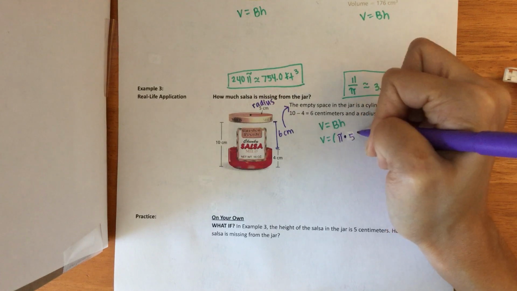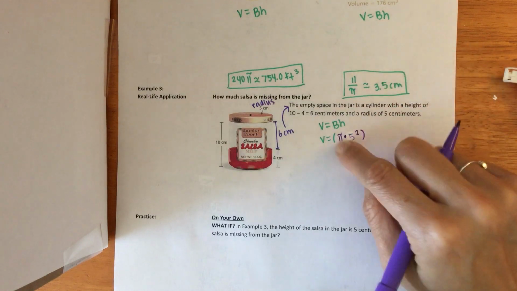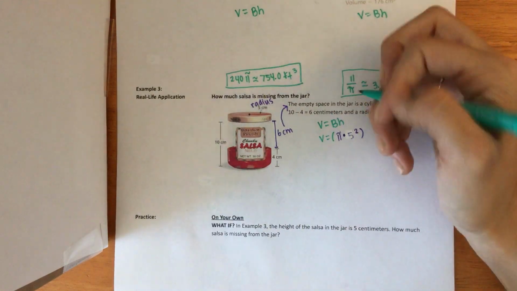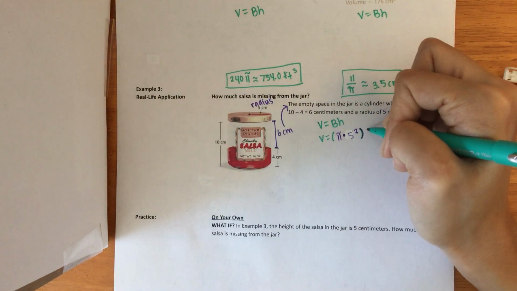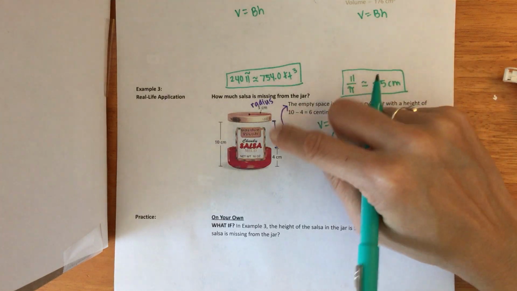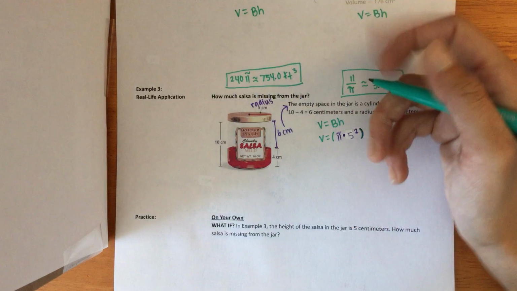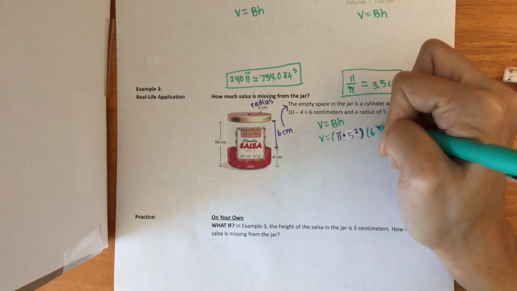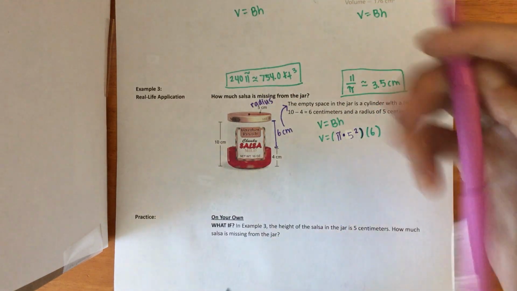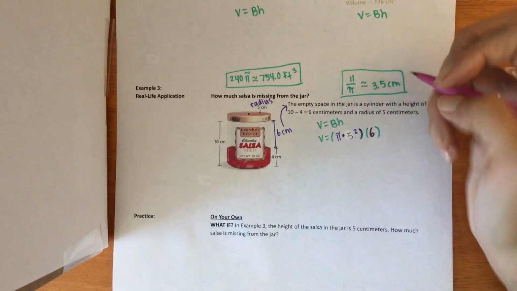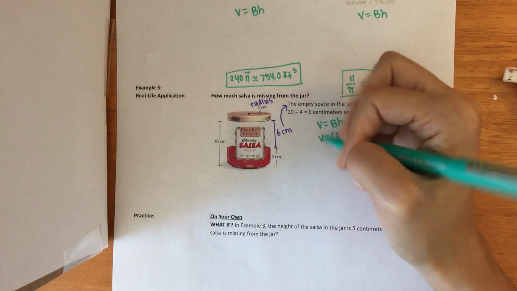Times 5 squared. Okay, pi times our radius squared times our height. Okay, our height is going to be the height here of what we're looking for, our missing portion, which is going to be 6. That's okay. So I'm just going to simplify.